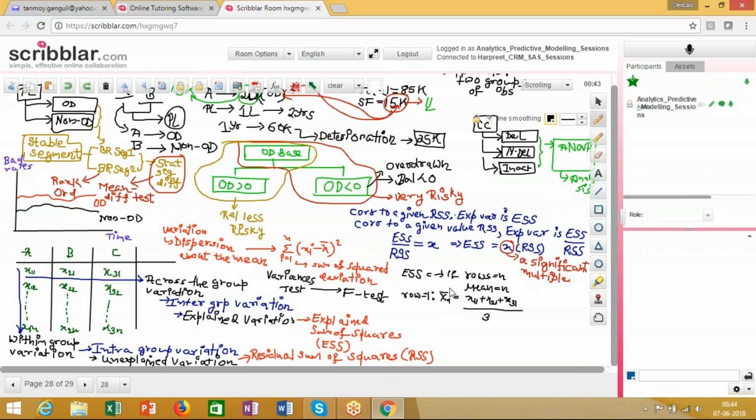X bar dot 1. This is how I have computed the mean for the first row. Now I need to compute the explained sum of squares for this particular row.